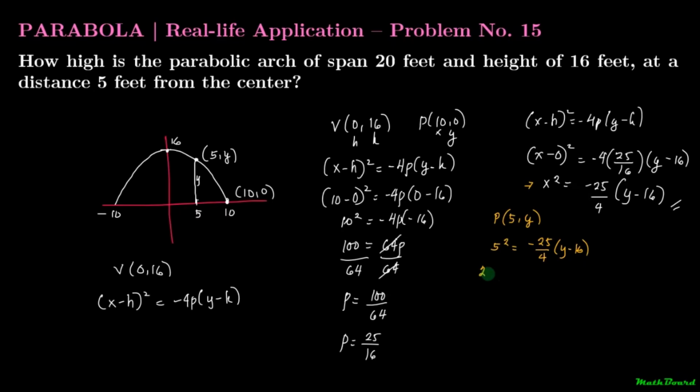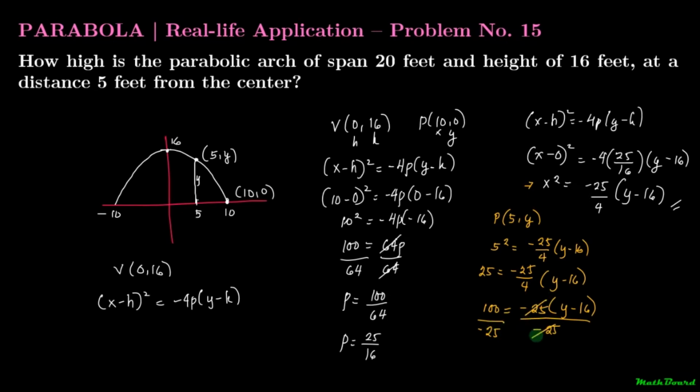So, 25 yun, yung 5 squared. Then, negative 25 divided by 4, y minus 16. 4 times 25, that's 100, right? Then, may iwan dito si negative 25 times y minus 16. Then, dividing both sides by negative 25.